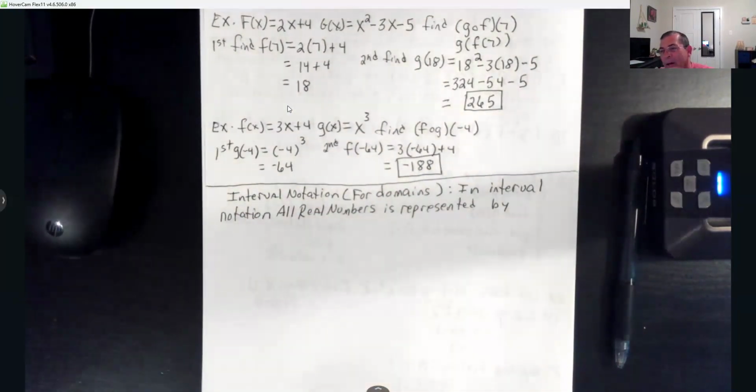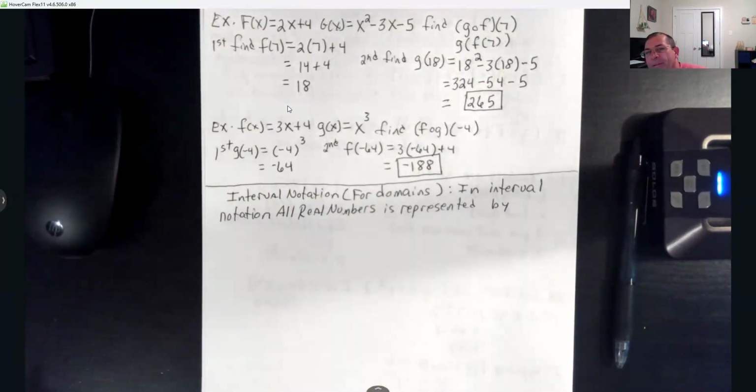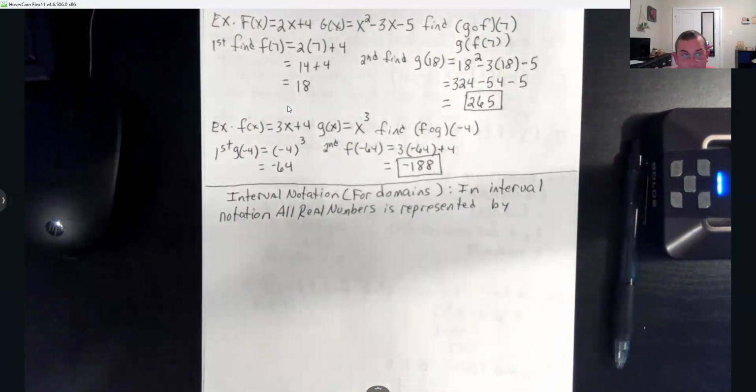Think about this. All real numbers. If I go to the left of the 0, and I'm heading into negative direction. And I keep heading into negative direction. What do we say we are heading off towards?